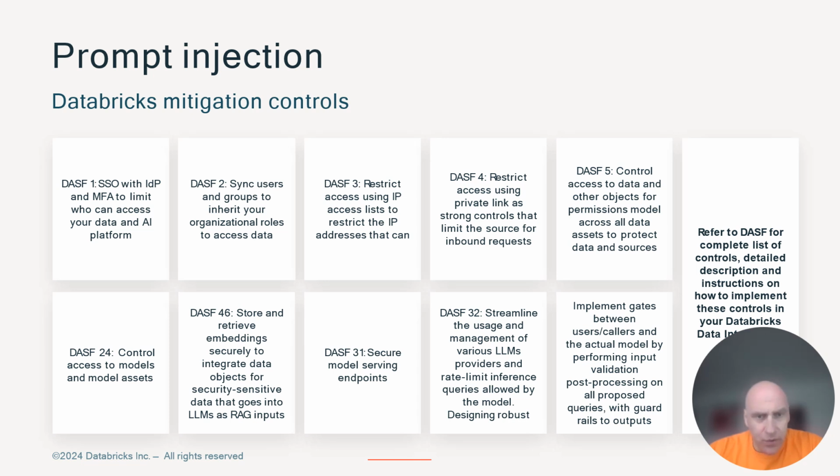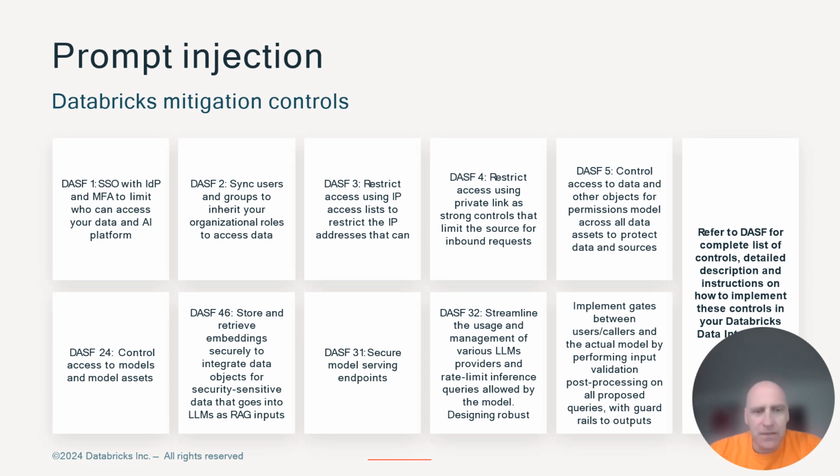Now, let's explore some of the wider controls that we can look at for prompt injection. As you can see, this again highlights specific risks from the Databricks security framework. You have SSO with IDP and MFA to limit access, sync users and groups, restrict access using IP access lists and things like that.